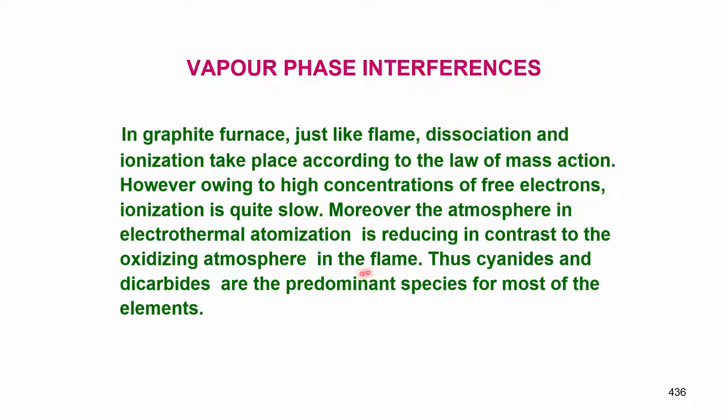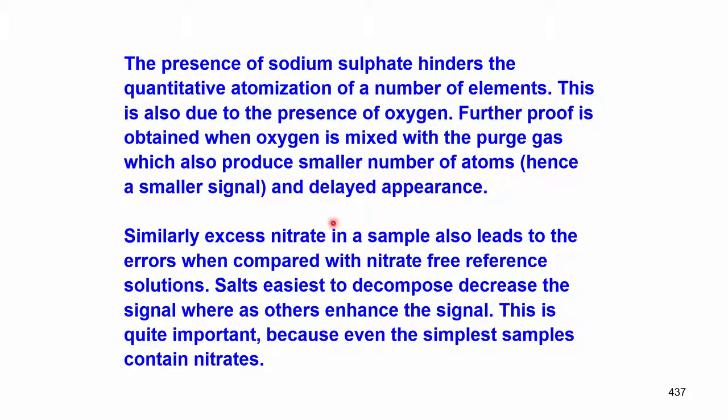So, cyanides and dicarbides are the predominant species. We need not worry too much about this if we are concentrating on the atomization or only chemical analysis, but we should be aware of such interferences.